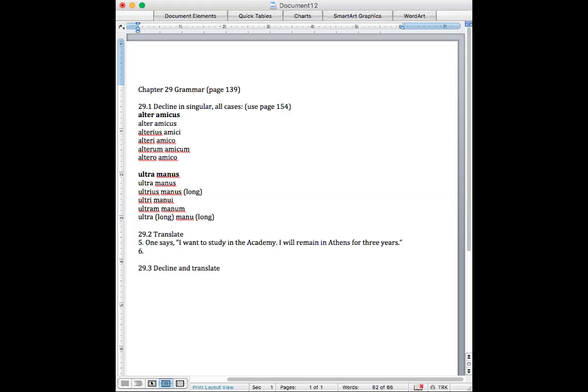Number 6. Quintus, mihi quoque propositum, which means intention, est, inquit, in academia studere, cuius scholas audire cupis. So Quintus says, it is, here you have like an impersonal verb with intention.